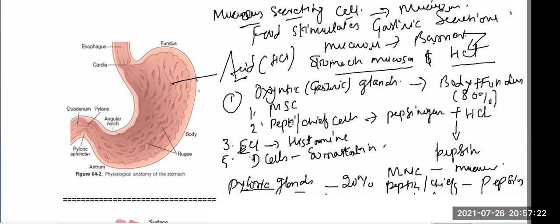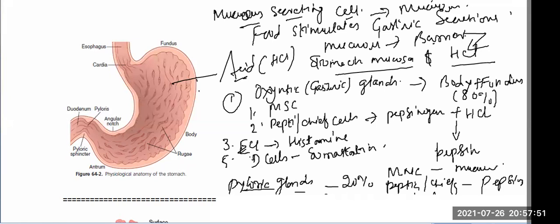Gastrin will stimulate ECL cells to release histamine, and histamine in turn will stimulate the parietal cells to secrete hydrochloric acid. So the secretion of G cells, which is your gastrin hormone, is important in gastric secretions.